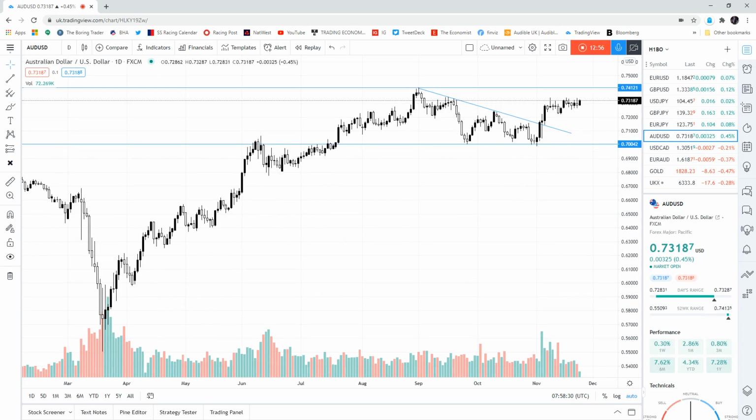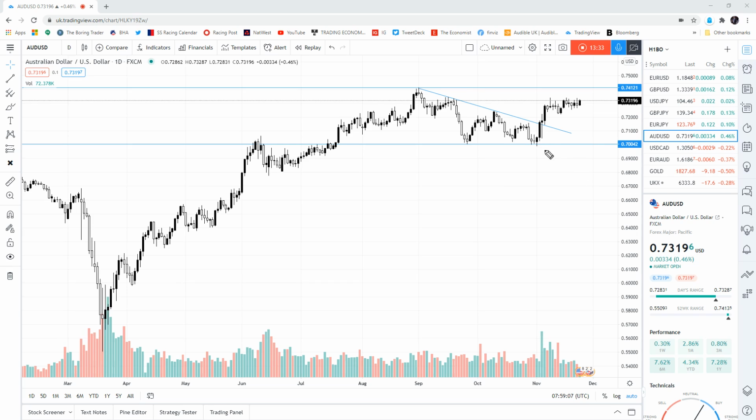Right, Aussie dollar. Let's have a quick look at the daily chart. This is a big uptrend this year as we see the US dollar weakness. We've traded sideways since July, but there has been this trend channel which I had my eye on, and I called the breakout in it after this reaction of big round number 0.70.